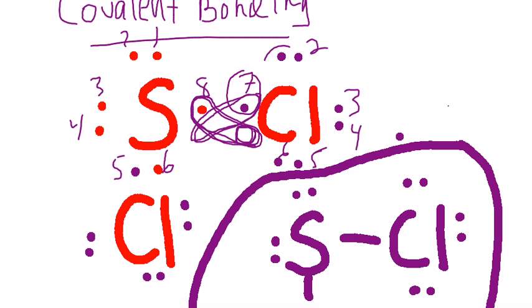Now we count this again because it's being shared. 7, 8. We count this again too. Chlorine, 1, 2, 3, 4, 5, 6. And we count each of these again. 7, 8. So that everyone gets to 8. The only element that, of course, doesn't need to get to 8 would be hydrogen.